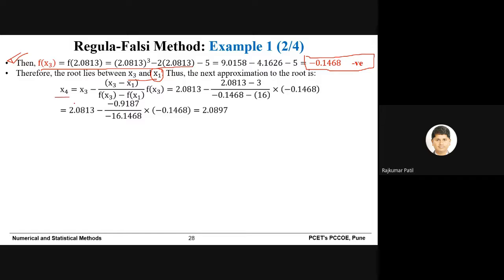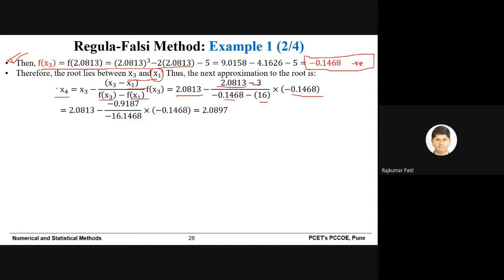So with these two values we calculate the next iteration. Therefore x4 is equal to x3 minus (x3 minus x1) upon (f of x3 minus f of x1) into f of x3. So put x3 as 2.0813, x1 as 3, f of x3, f of x1, put all the values in this equation and simplify.